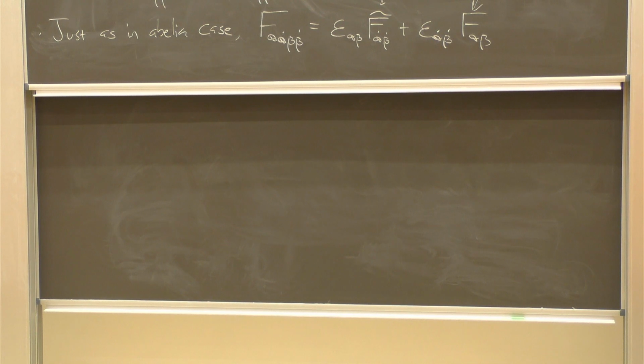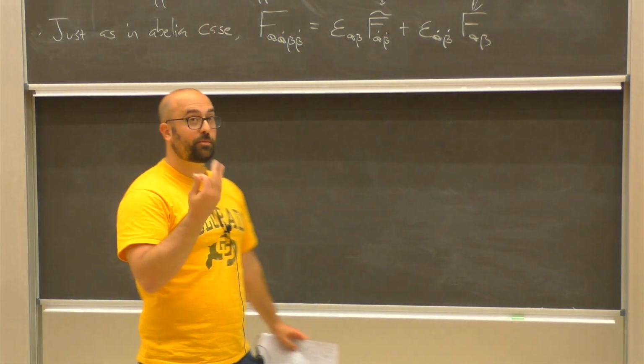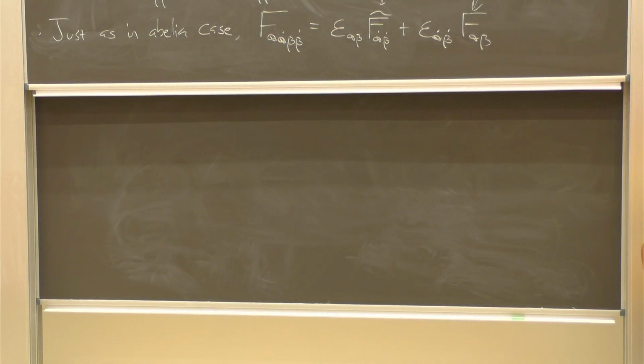So just as in the abelian case, the fact that F arises as the field strength of a connection means that it automatically satisfies a Bianchi identity, which is just written in terms of the spinor decomposition.